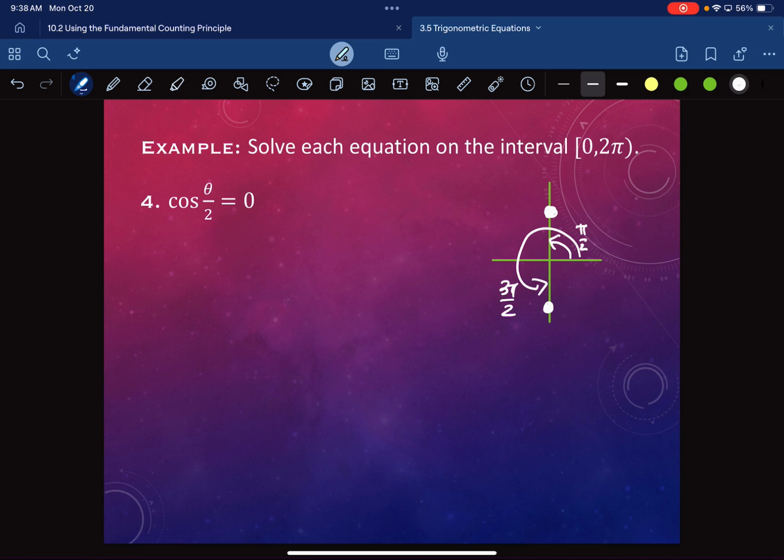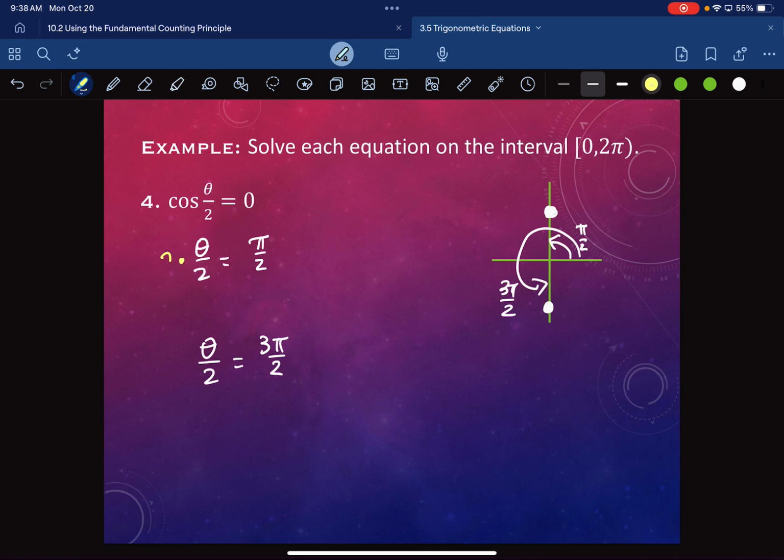Okay, so coming over here, just like when we had 3x, we have theta over 2. We're going to write theta over 2 equals pi over 2, and then we're going to write theta over 2 equals 3 pi over 2. Okay, everybody good so far? How do I solve then for theta? Because that's the question I'm being asked, not what does theta over 2 equal. What does theta equal? What would I have to do to solve for that?